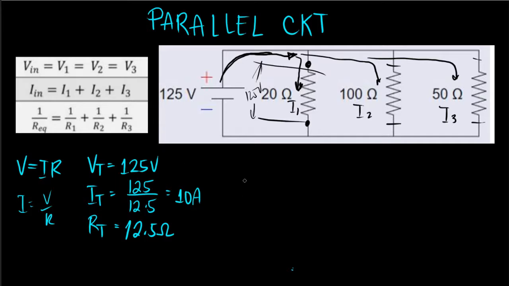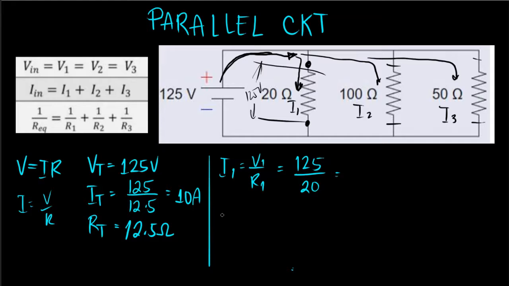Now, we can actually solve for our currents by remembering that the voltage across each of them is the same. So, I1 is V1 over R1. Our V1 is the same 125, over R1, which is 20.